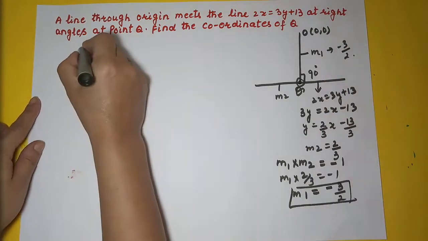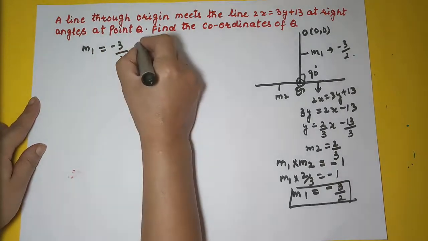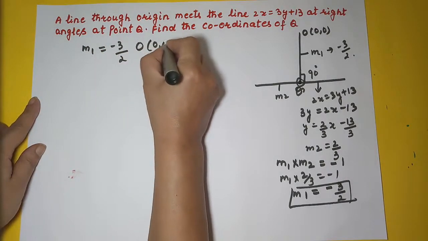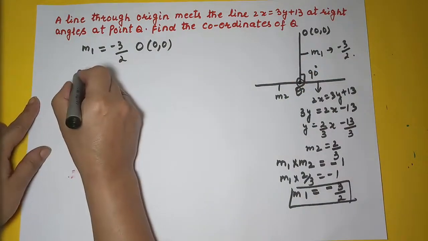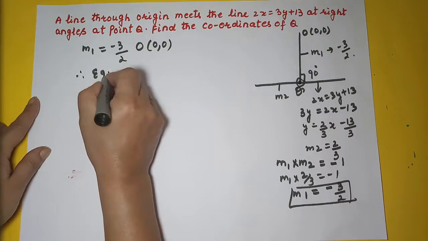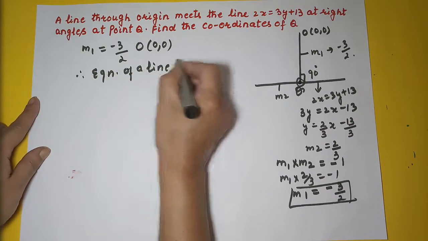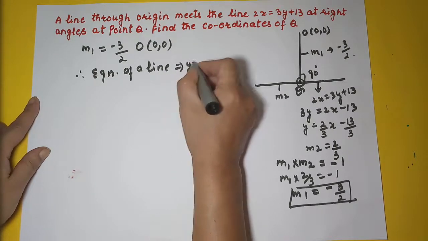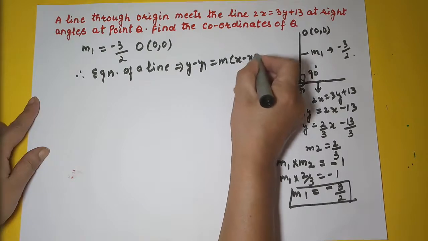So I have found the slope of this line, which is -3 by 2. Fine. Now I have the slope m1, which is -3 by 2. I also have the point O, 0 and 0. I can find the equation of this line. How? Therefore, equation of a line is y minus y1 equal to m times x minus x1.